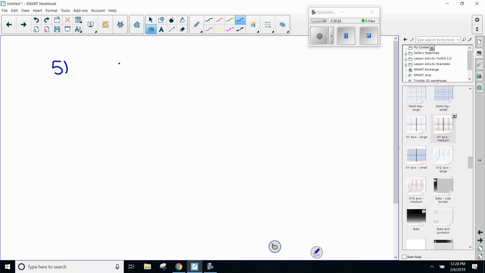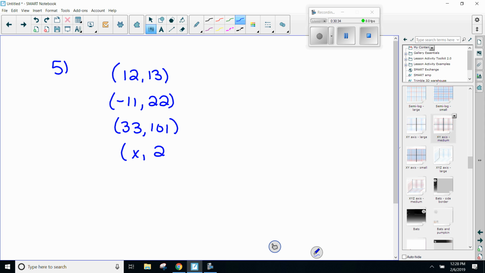It says you have the coordinate points 12, 13, -11, 22, and then you have the coordinate point 33, 101, and then you have the coordinate point x, 22. Sorry. What can't x be? 12, -11, or 33.